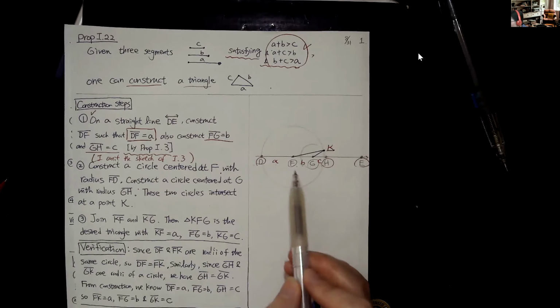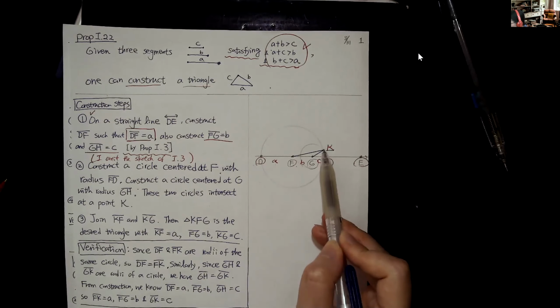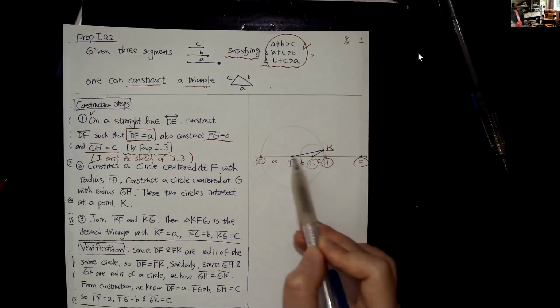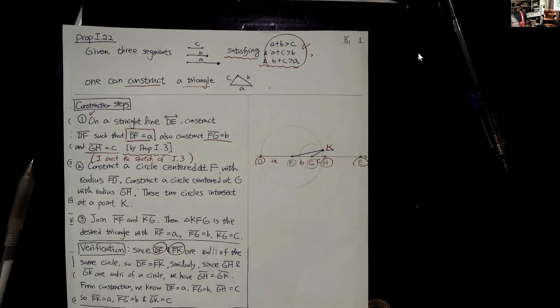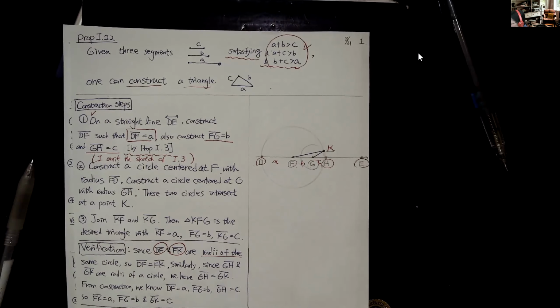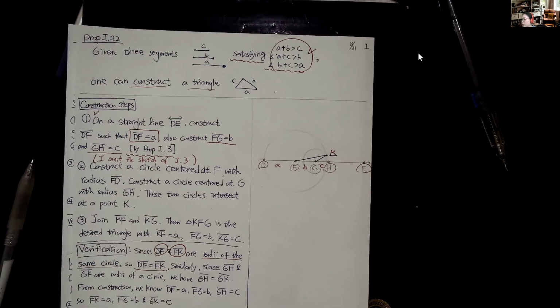First, let's go over what we did. You draw a circle centered at F with radius DF, and you intersect at K. So DF and FK are radii of the same circle, so by definition, DF equals FK.